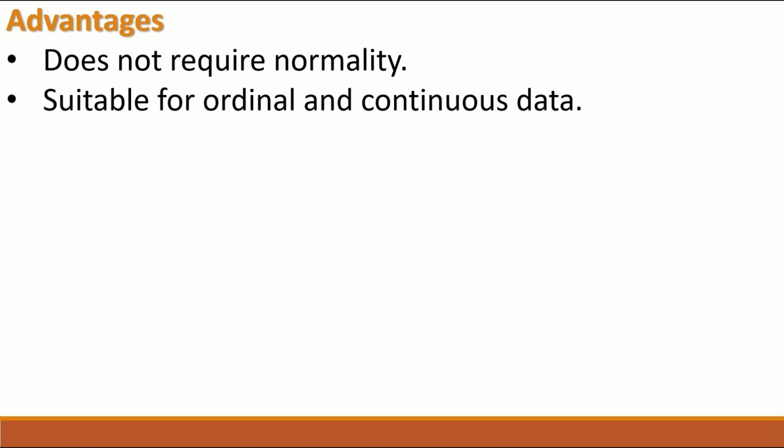The test is suitable for ordinal and continuous data that lacks normality. If the data are continuous and normal, then the paired t-test is the one to use. The test is also suitable to be used when there are outliers. Outliers are extreme high or low scores that deviate from the rest of the data set.